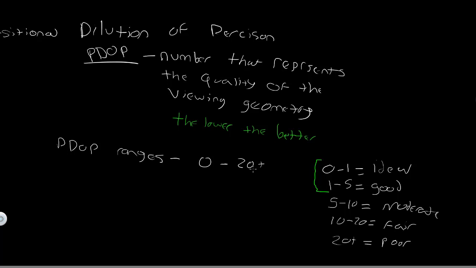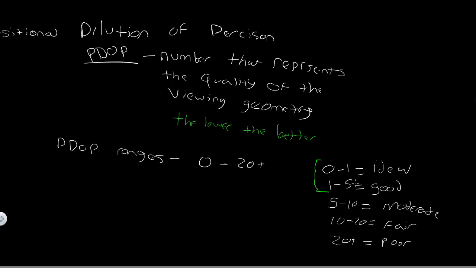Hopefully this makes sense. Just to recap, dilution of precision, or PDOP, is a numerical representation of that geometry we talked about before, where we want our satellites more spaced out on the horizon rather than clustered together. The more spaced out they are, the lower the PDOP will be. The more satellites you have, the lower the PDOP will be.